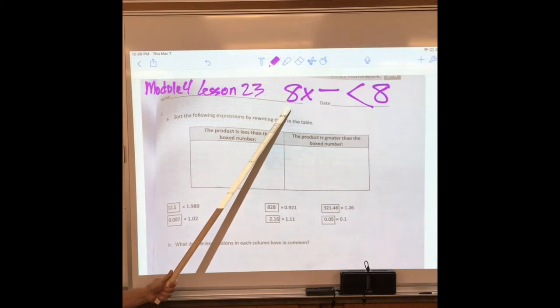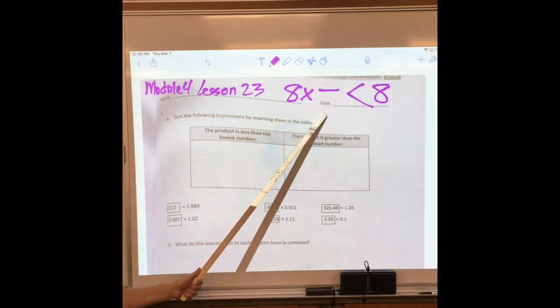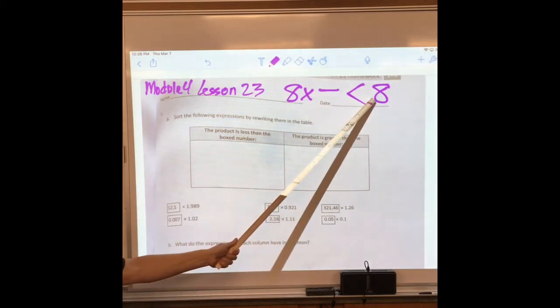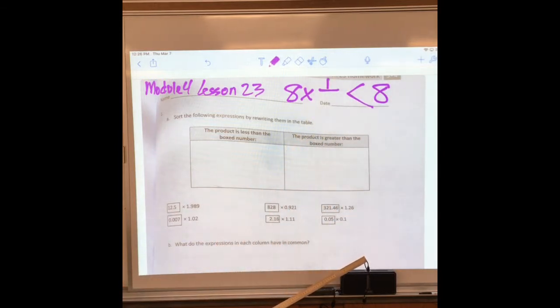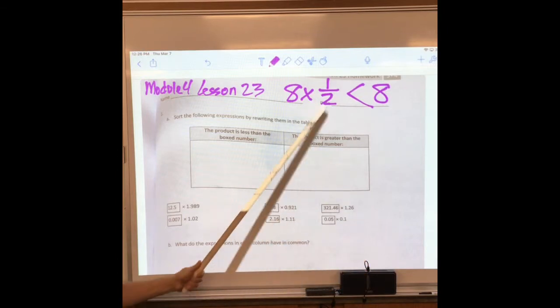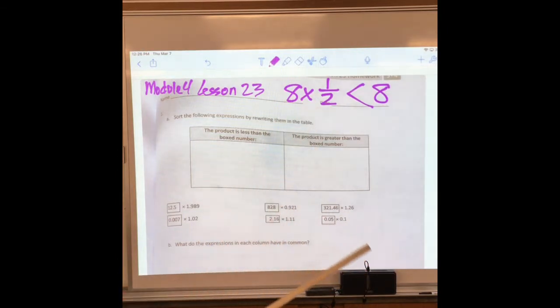What if I want to make this 8 times a fraction less than this 8? What would I need over here? Well, yes, I could have a 1/2, right? What's 1/2 of 8? It's 4, right? So 4 is less than 8.